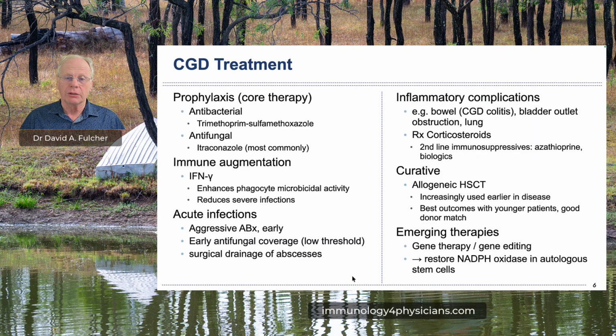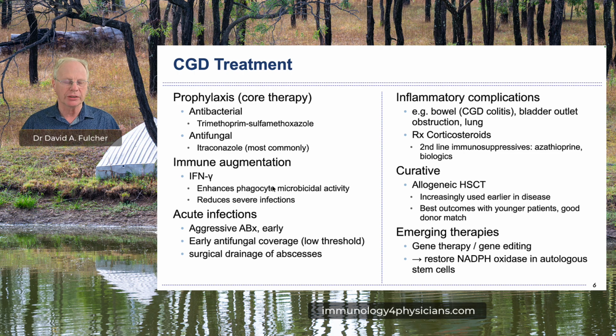So once you've found it, what are the cornerstones of treatment? Perhaps this is getting into too much detail, so just note it for the moment, and it's not terribly difficult. So antimicrobial prophylaxis, both bacterial and fungal. There's evidence that interferon gamma injections can boost macrophages or otherwise boost the immune responses and help with some of these infections.